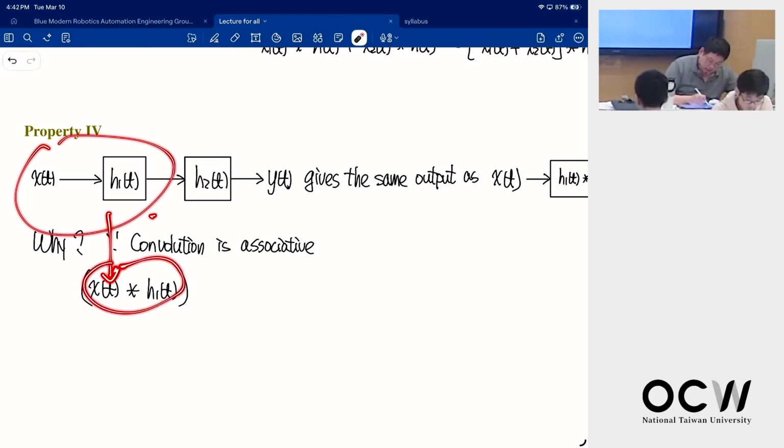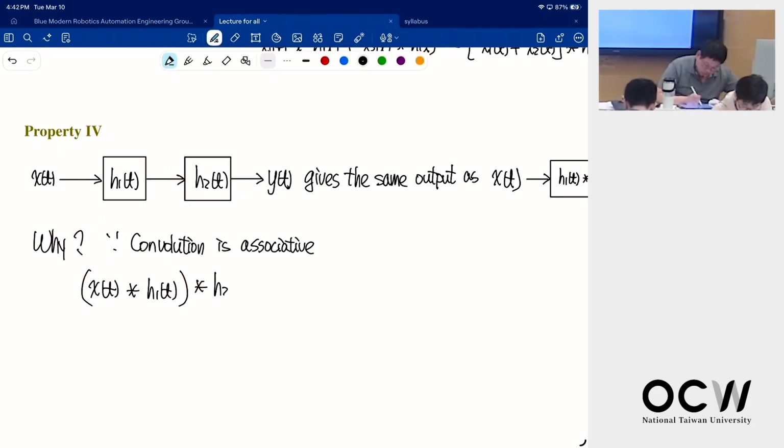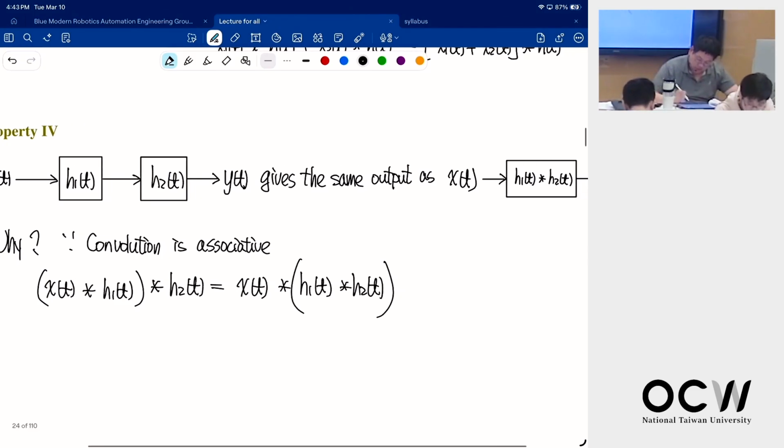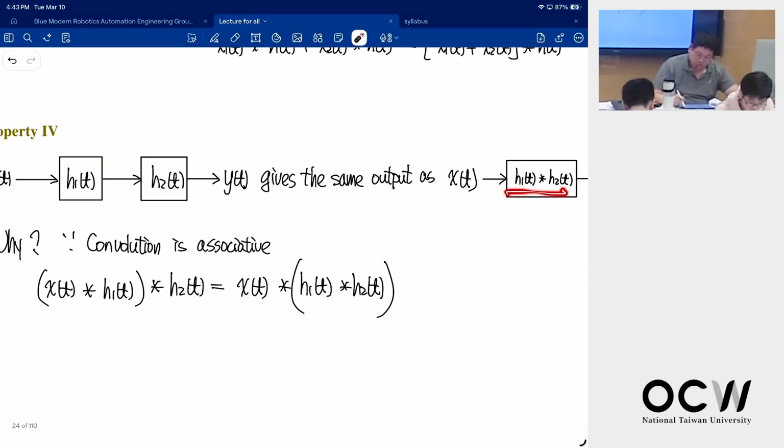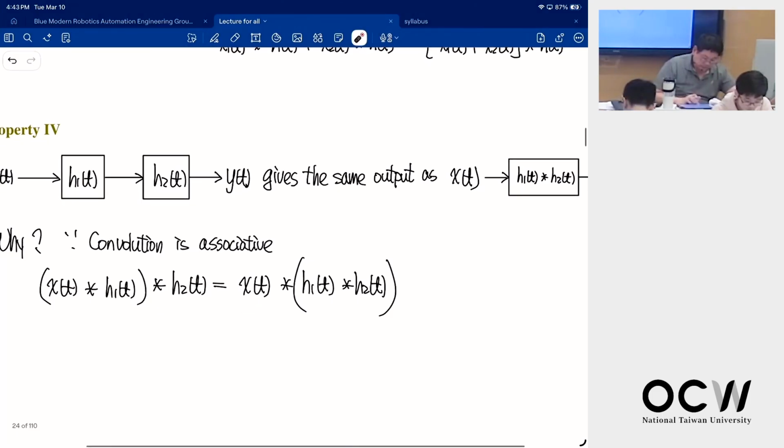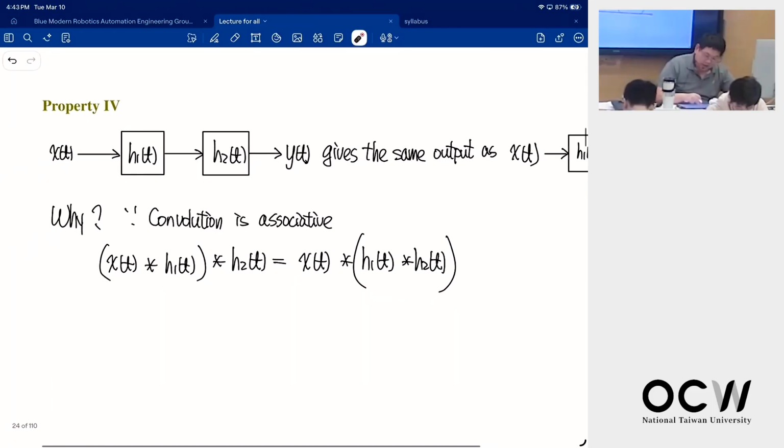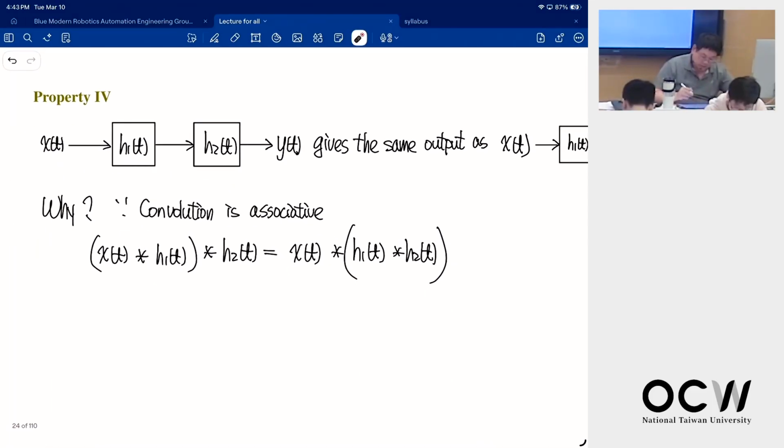And this is an input if we see the system 2. Then we convolve h2. But because convolution is associative, I can also say that this is x convolved h1 convolved h2. So we do it first, and we convolve. And this also gives us the same output as, let's write one more.